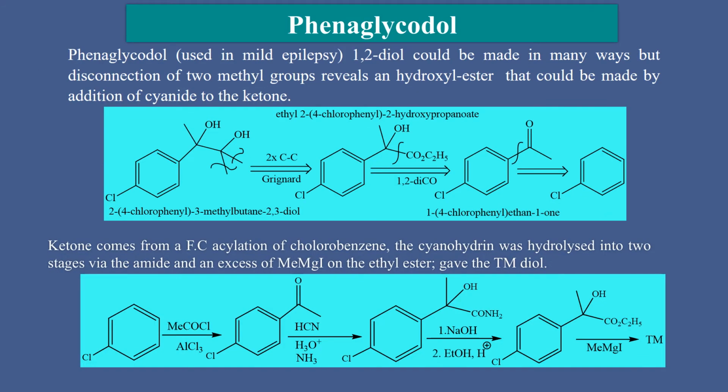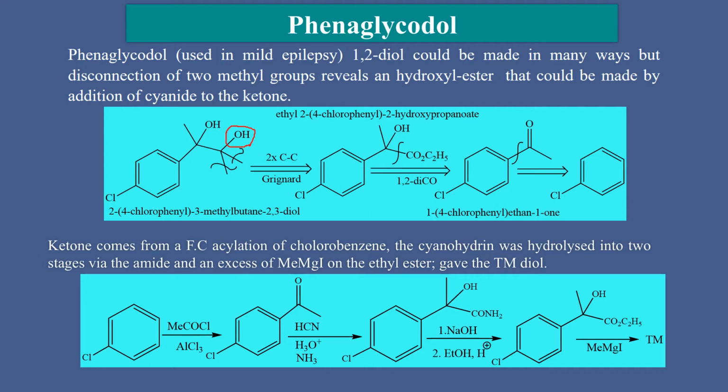Next is phenaglycodol. It is a 1,2-diol. It is a drug which is used in mild epilepsy. It can be disconnected in many ways, as a 1,2-diol can be prepared by many processes. Here it is a tertiary alcohol.